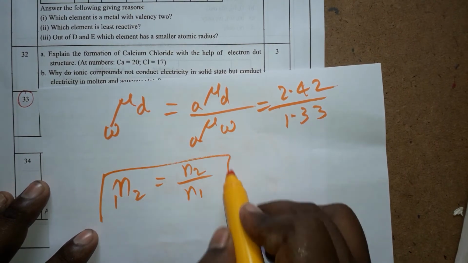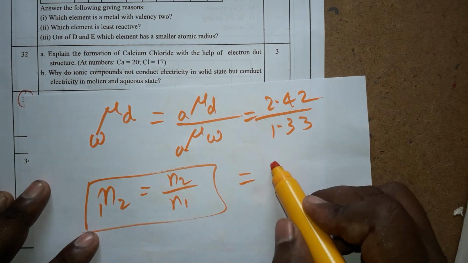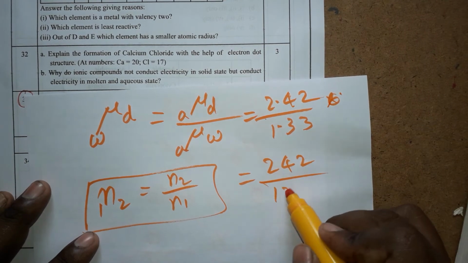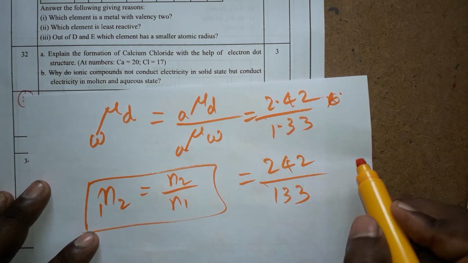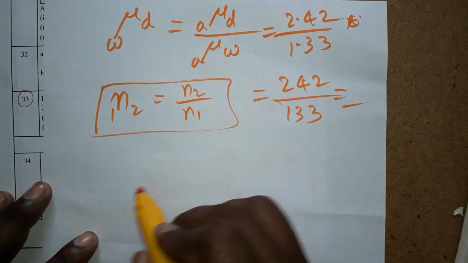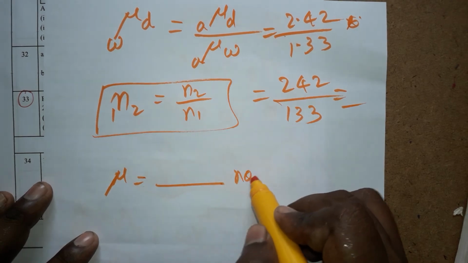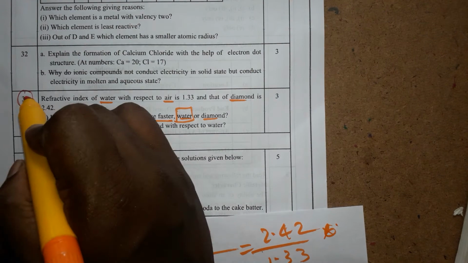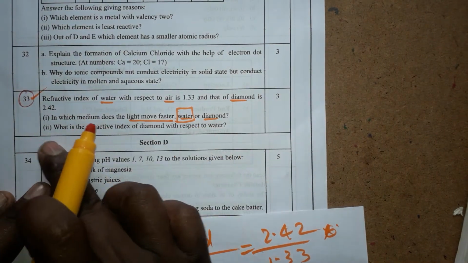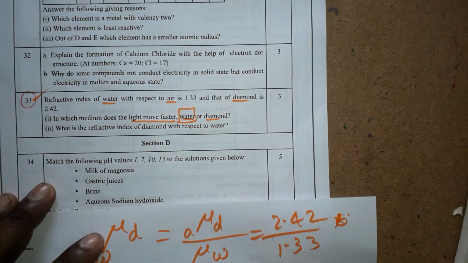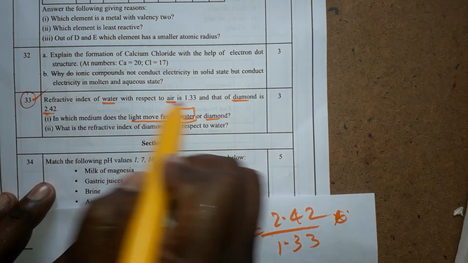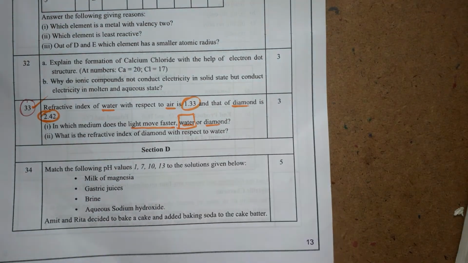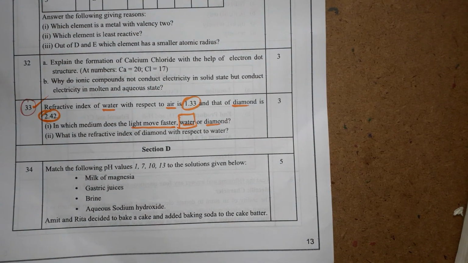To simplify, multiply numerator and denominator by 100 to remove the decimals. The refractive index has no unit, so you can write it as no units. The first option is water. The second option, diamond with respect to water, you just divide this by this to get the answer. Then we go to the next question.